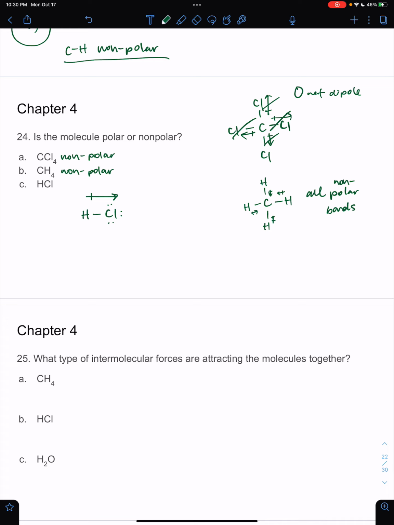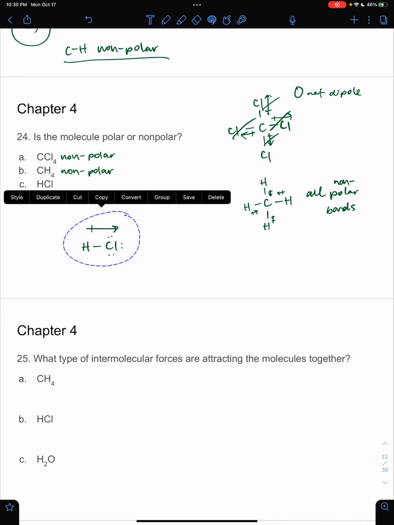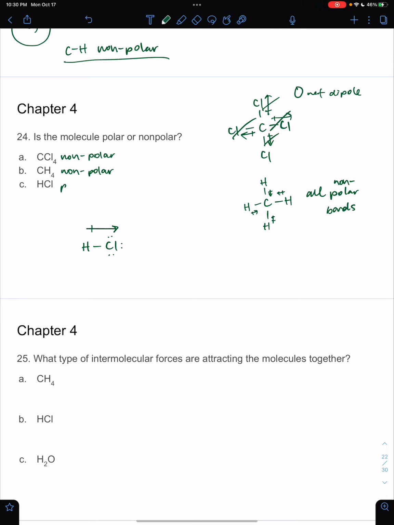So this dipole is just straight across. So this one is going to be polar. So you have the partial positive over here, partial negative over here, and there's no canceling out. So that one will be polar.